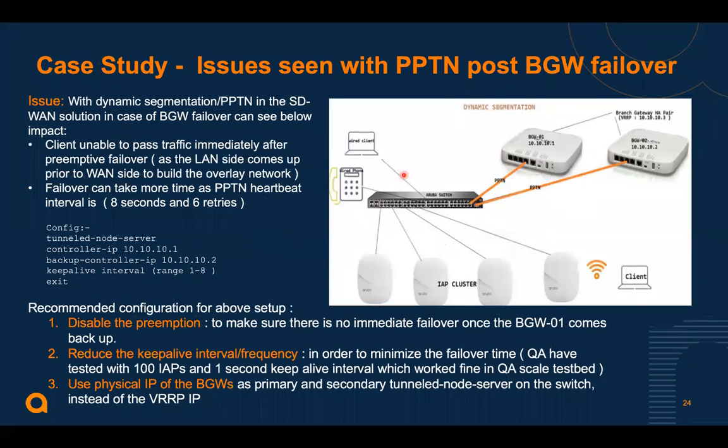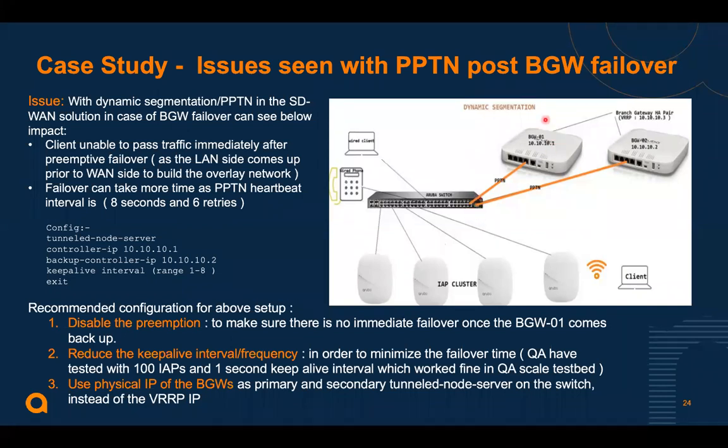So another case study is that during branch gateway failover, we saw that the failover was taking more time, and the dynamic segmentation that happens on per port tunnel node, that is on the switch, wasn't working as expected.